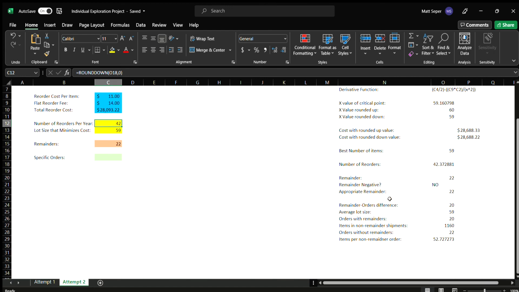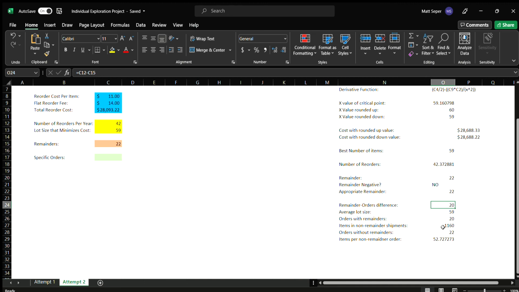And then my issue, which is kind of where I got stuck and the thing I'm still exploring, is how to split up the remainders. Originally, I just wanted to find the difference between the number of orders and remainders, and then put one remaining item in one order, or as many orders as I could put a remaining item in. So for example, in this situation, there's 42 minus 22, so the difference is 20 orders.